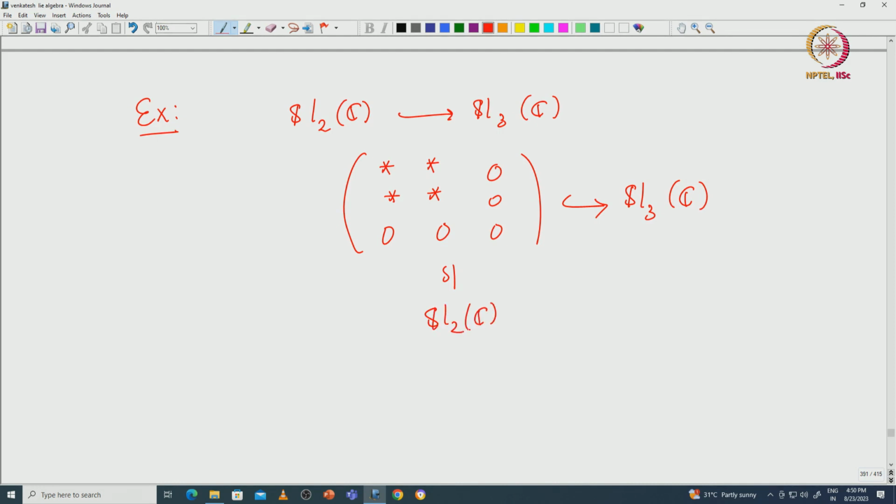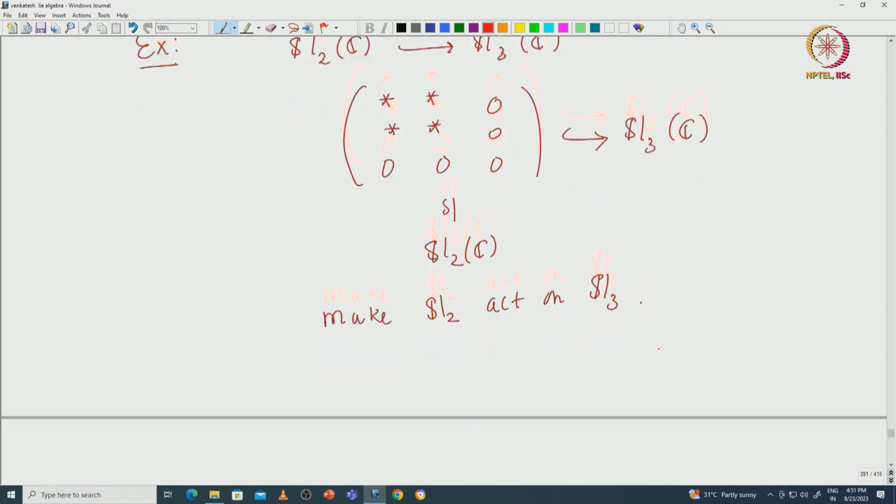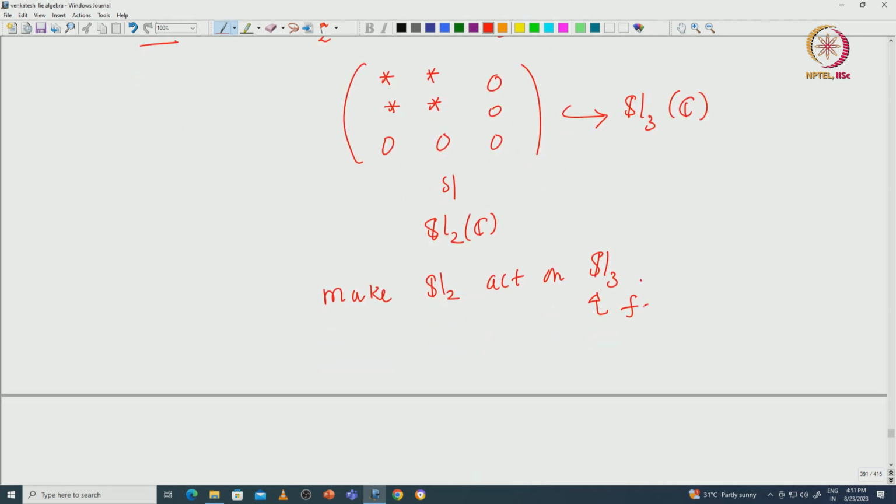In particular, using this natural identification, you can make SL2 act on SL3. So in particular, this is a finite dimensional SL2 module.